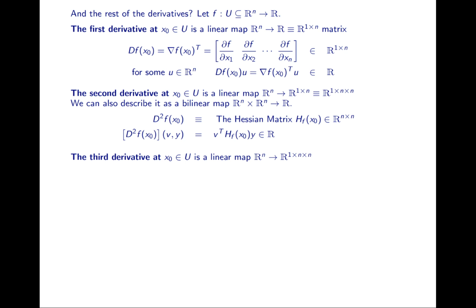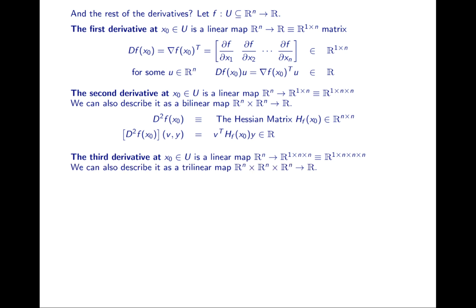The third derivative at x0 in u is a linear map from Rn to R^(n by n), which is the form of the second derivative, which is equivalent to an n by n matrix, or what you might also call a tensor.